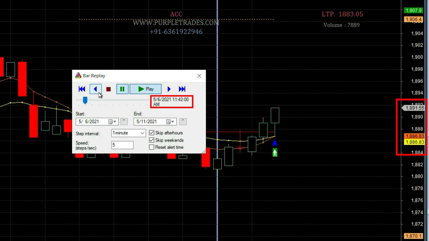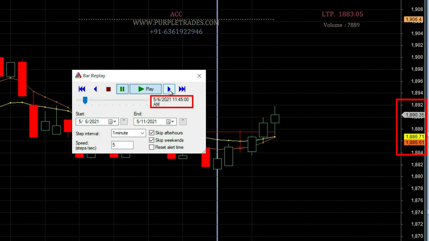If I go a minute back, at 1142 I saw a buy entry. So this buy would be triggered if you're doing automated trading, and in backtesting, at 1143 this has vanished, so this entry will never be visible in the backtest report at all. At 1143 it is vanished, at 1144 it is vanished, at 1145 there is no such entry.